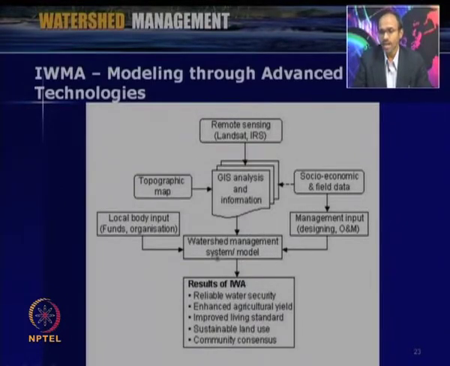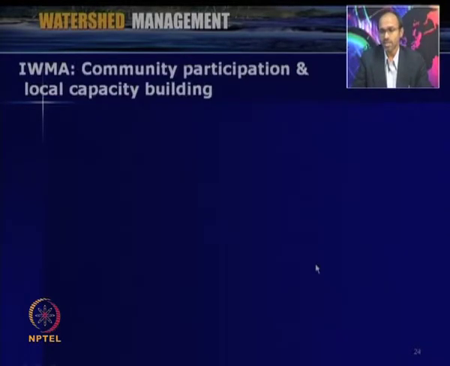Finally, by considering all these issues, we can develop an appropriate watershed management system or model. Once it is implemented, the results may be reliable water security, enhanced agricultural yield, improved living standard, sustainable land use, and community consensus.